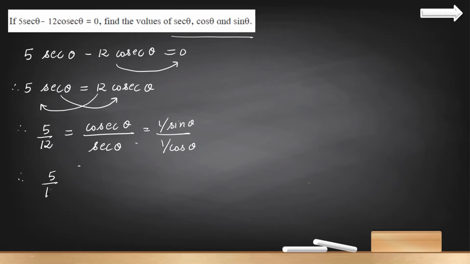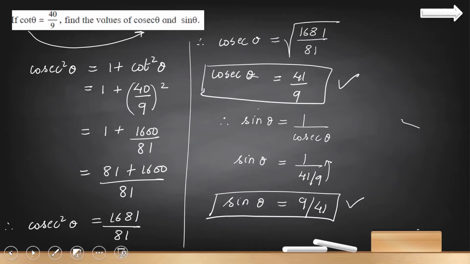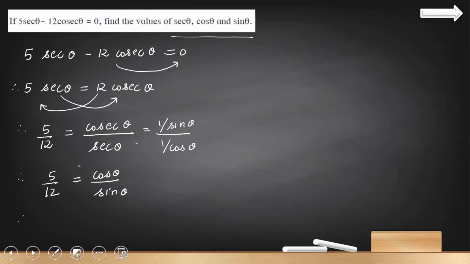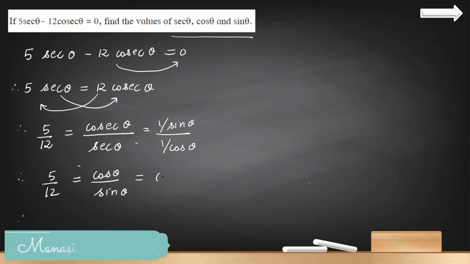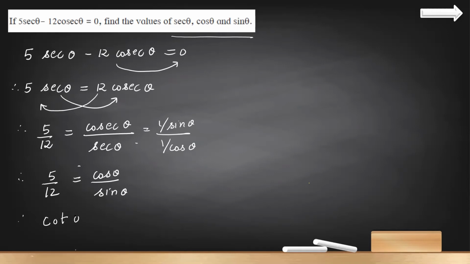So therefore 5 upon 12 is equal to cos theta upon sine theta. So what do we have? This is equal to cot theta. So therefore cot theta is equal to 5 upon 12.